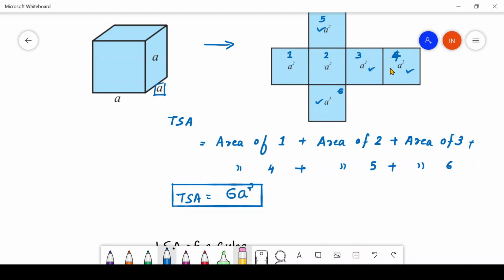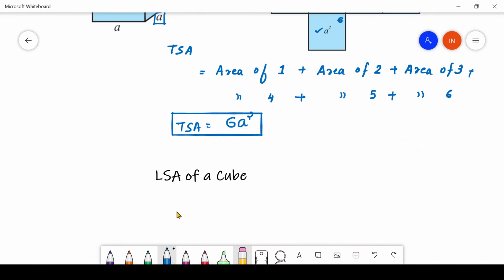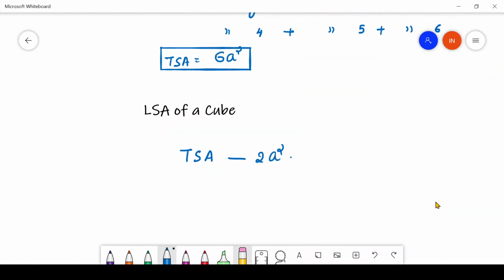Here all the areas are the same, so you can reduce 2a square from the total surface area. From the TSA you have to subtract 2a square, the areas of two faces, right? So you will get the LSA of a cube as 4a square.